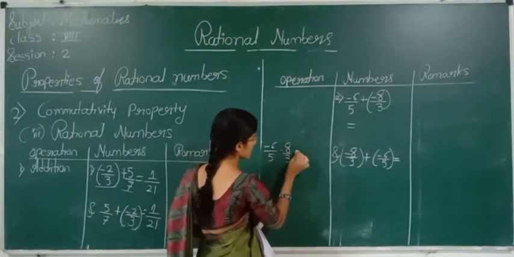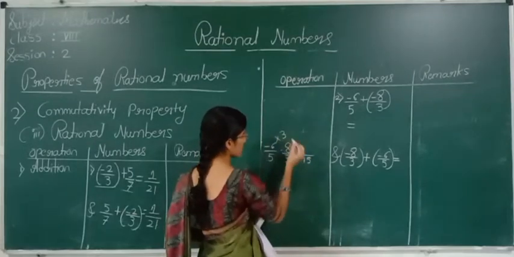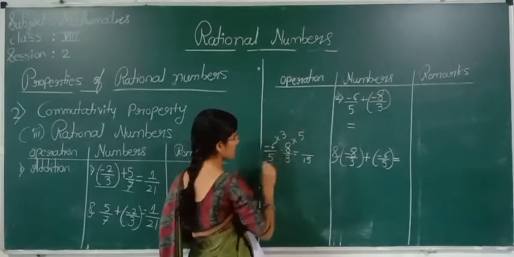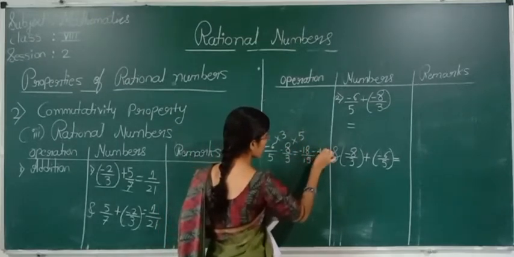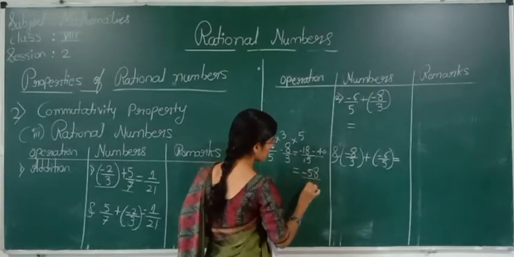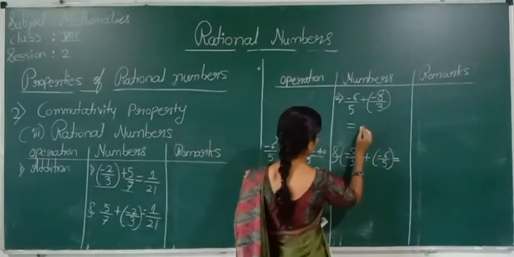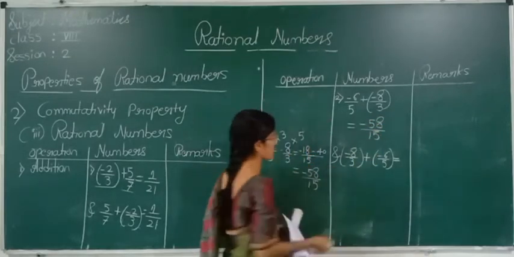LCM of 5 and 3 is 15. 5 3s are 15, 3 6s are 18, 8 5s are 40. The answer will be minus 58 by 15.